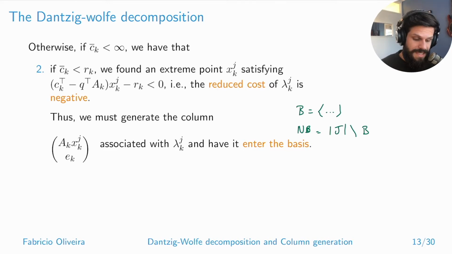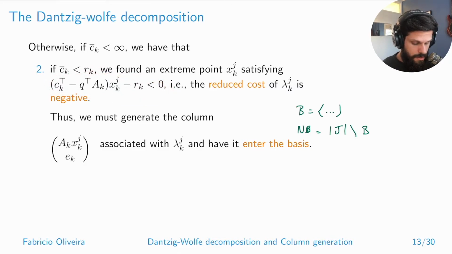But you're not listing them explicitly, only implicitly. Likewise, you're capturing the reduced costs associated with those implicitly with this optimization problem that does the pricing. So yeah, if you found something favorable, you add it to the basis.